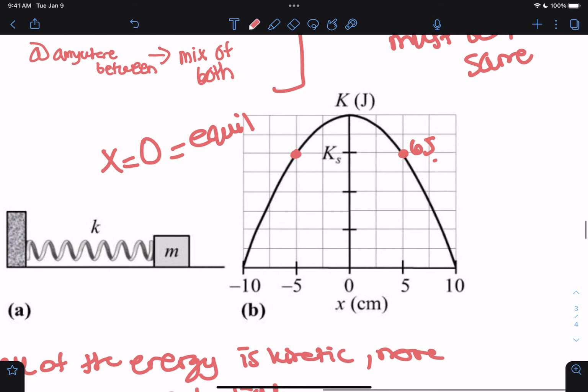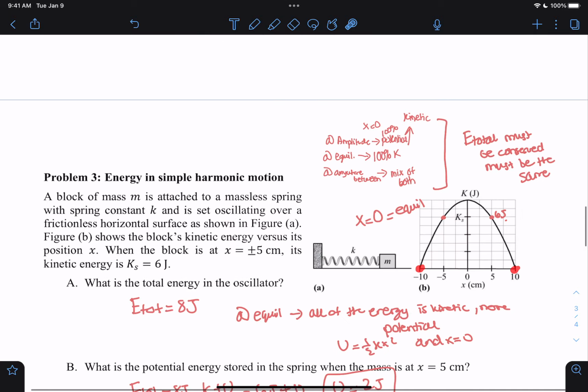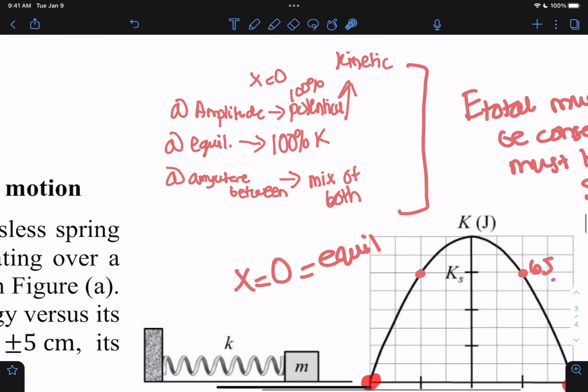Yeah, so here the amplitude is 0.1 meters, or 10 centimeters, because at negative 10 or 10, whether you go positive distance or negative distance, your kinetic energy is 0. Your kinetic energy is completely 0 when you're at the amplitude, because at that point you're going to be at 100% potential. Does that make sense?